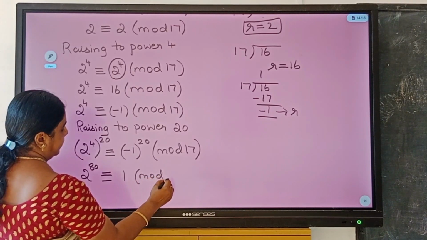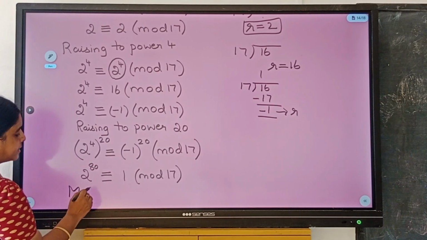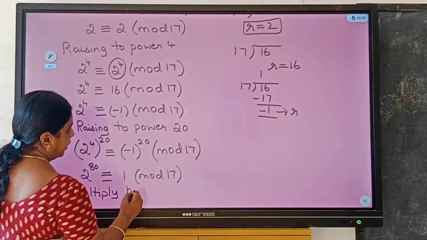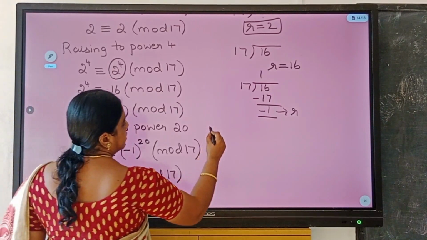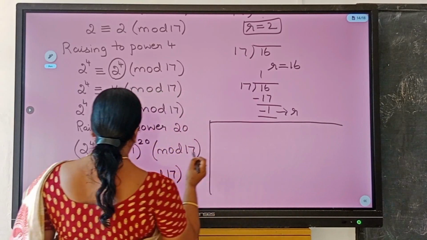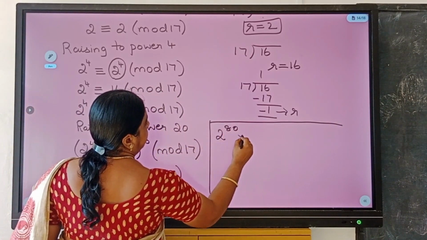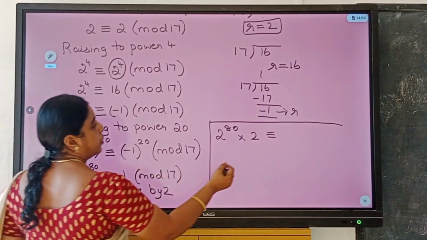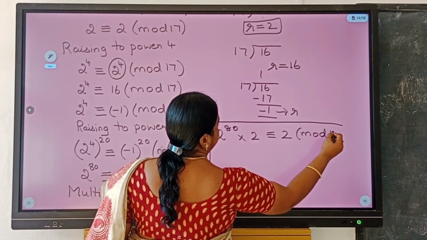So this is congruent to 1 modulo 17. Now I am going to multiply both sides by 2. So I will get 2 power 80 into 2 is congruent to 1 into 2, which is 2, modulo 17.